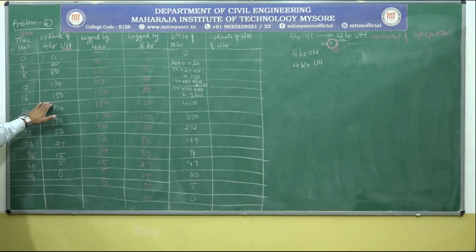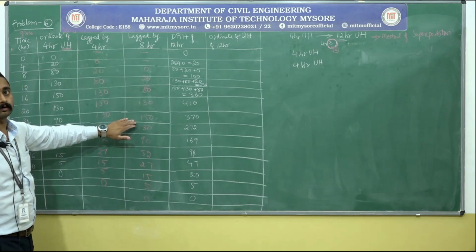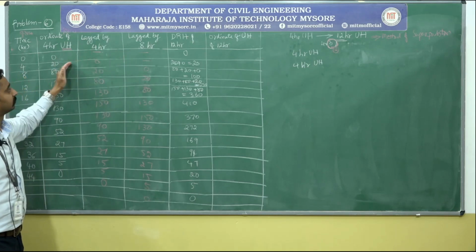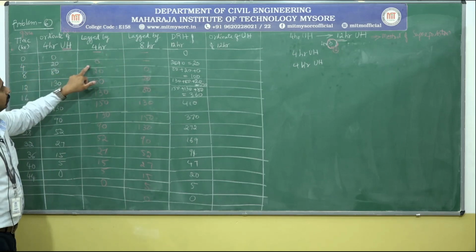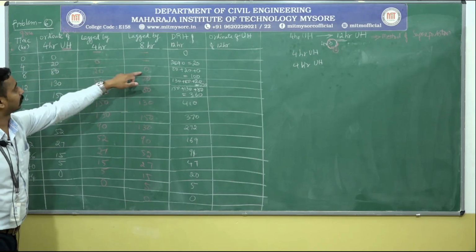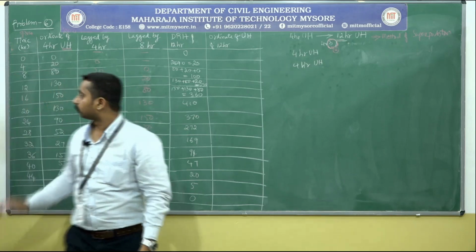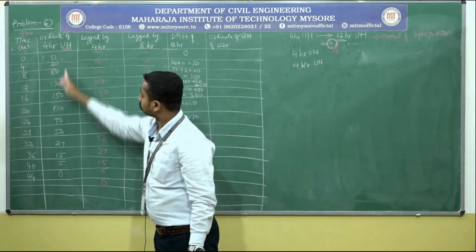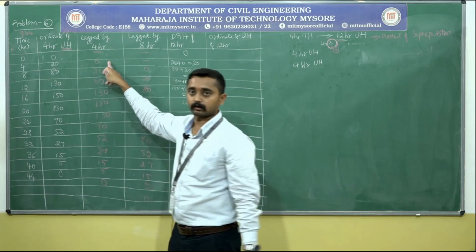This is the given 4-hour unit hydrograph, lagged by 4 hour, again lagged by 8 hour from this column. Lagged by 4 hour means the same unit hydrograph is lagged by 4 hour, nothing but start from 4 hour.